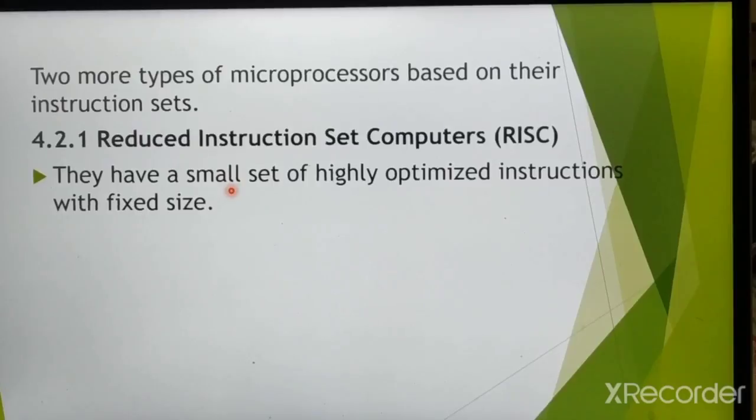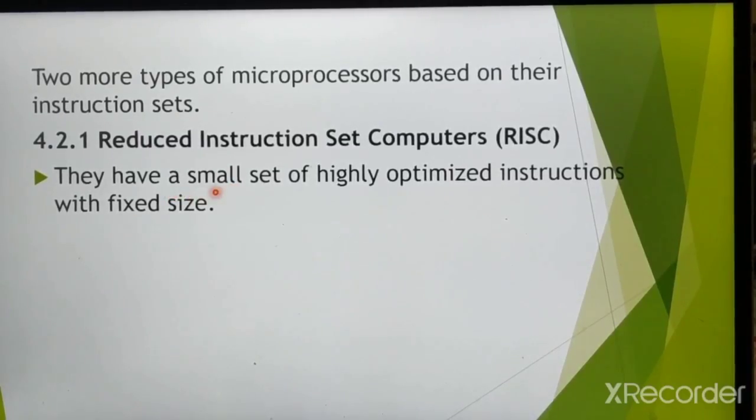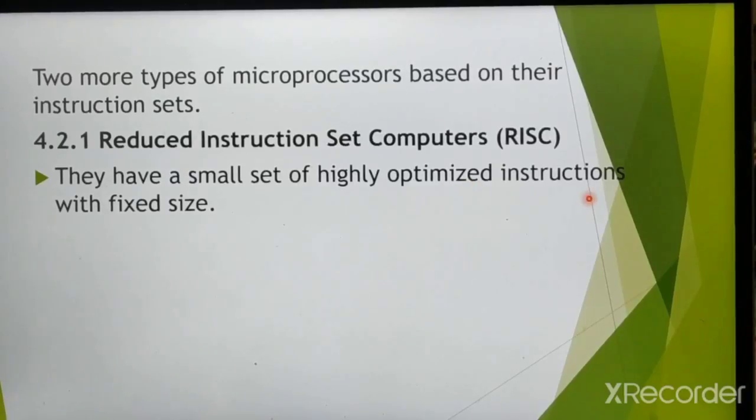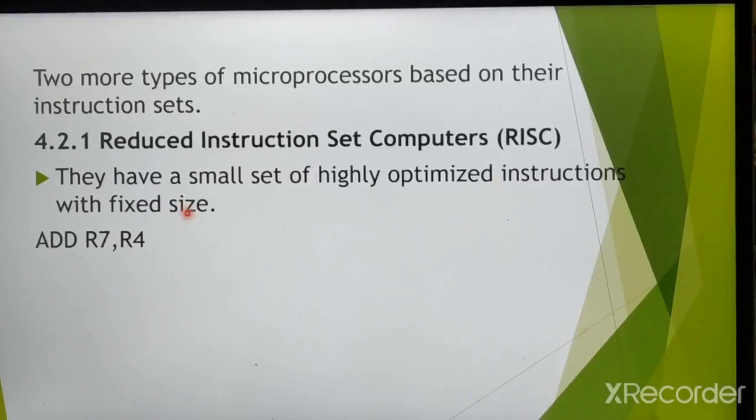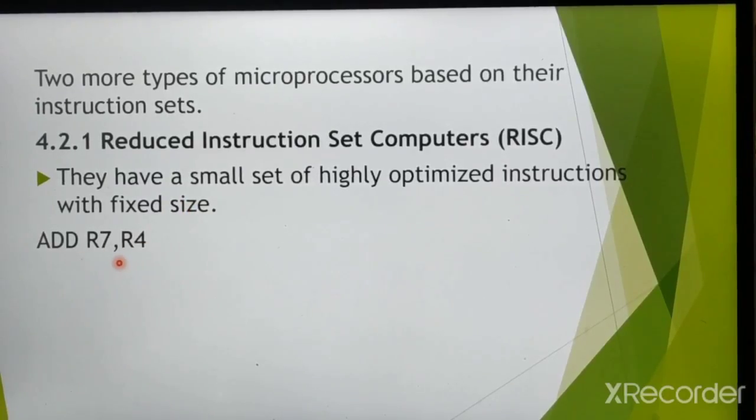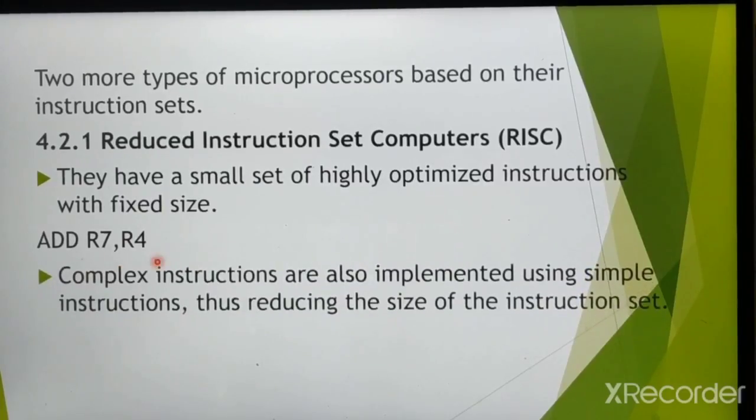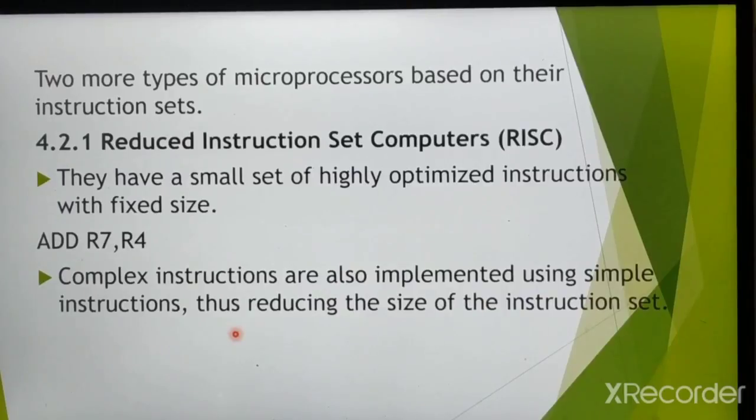Here the complex instructions are reduced to simple instructions. They have a small set of highly optimized instructions with a fixed size. Here each instruction is of fixed size only. Here we can transfer the data from register to register. Complex instructions are also implemented using simple instructions, thus reducing the size of the instruction set.